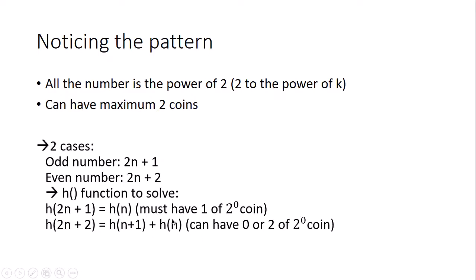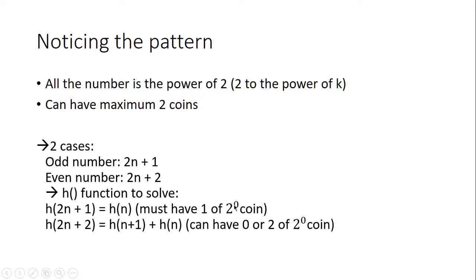The reason why it's like this is as follows. If it's an odd number, shown here as 2n plus 1, it must have one cone of 2 to the power 0, which is equal to 1. It must have one cone of this 2 to the power 0, and only this one.